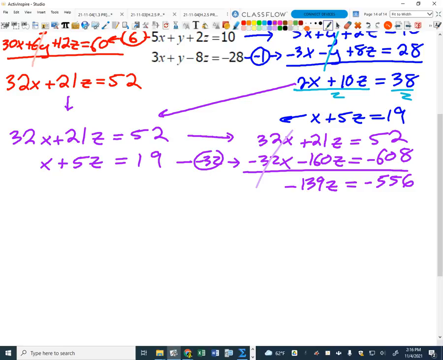Yeah, okay. So if I divide each side by 139, that gives me 4, doesn't it? Right? Okay, so there's the first part of our ordered triple, right? We get z equals 4. What do I do to find x?